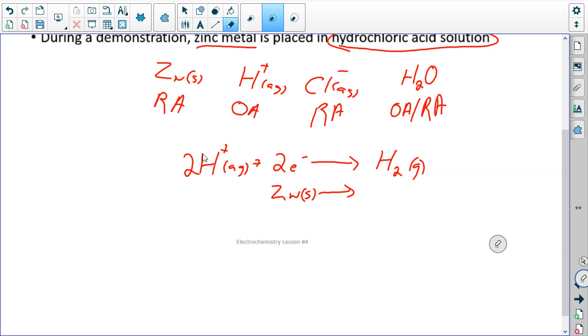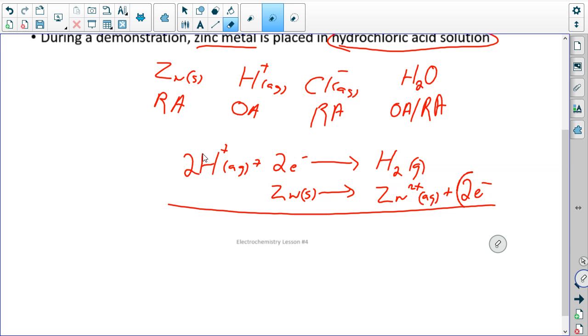Now remember, with my reducing agent, I'm writing it from right to left because I have zinc. It's got to be on the right hand or the left hand side. The nice thing is that our electrons gained and electrons lost are balanced.